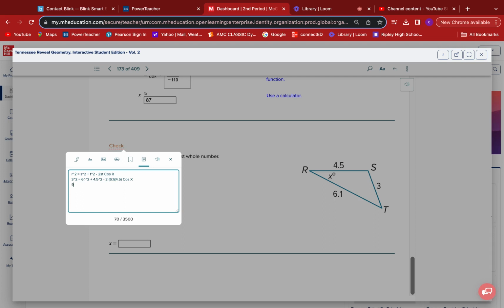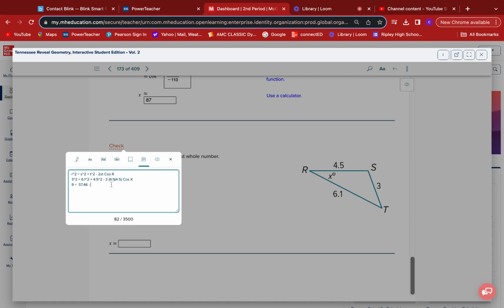Okay, one thing at a time, you guys. 3 squared is 9. All right, I'm going to, on my calculator, do 6.1 squared plus 4.5 squared. Just this part right here. 6.1 squared plus 4.5 squared. Just that part right there is 57.46.